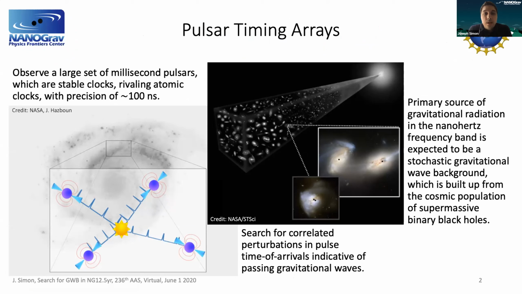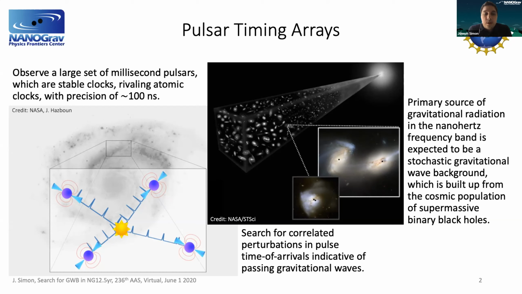Their spin rates are incredibly stable, and so we are able to search for correlated perturbations in the pulsars' times of arrival that are caused by the stretching of space-time between the Earth and the pulsars.